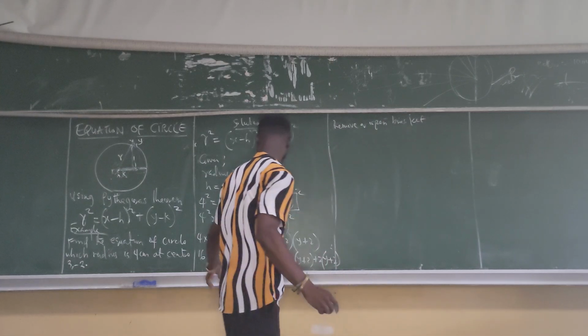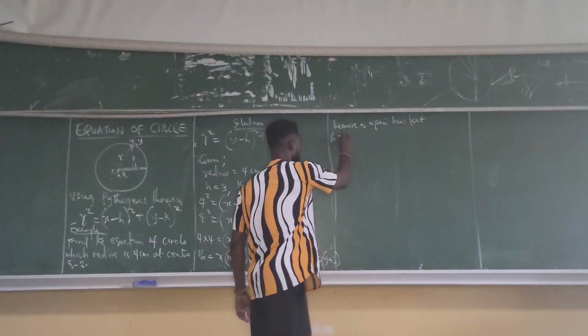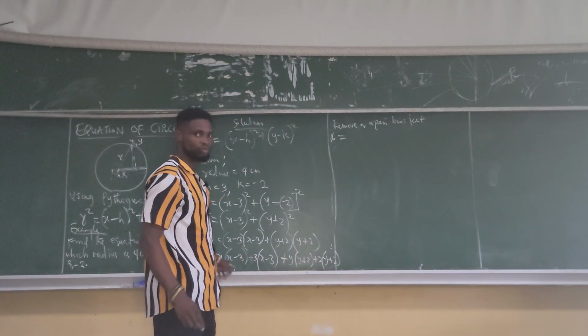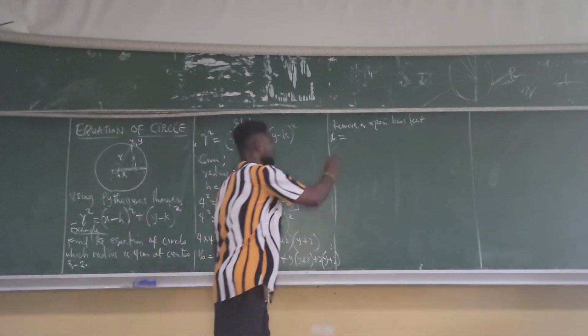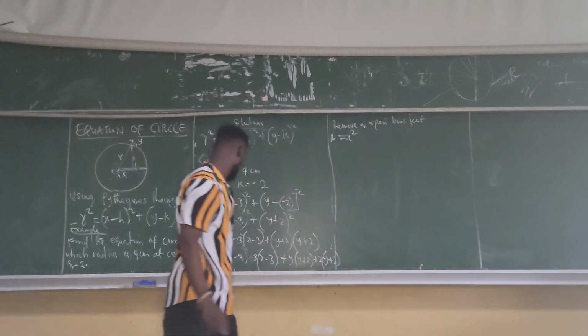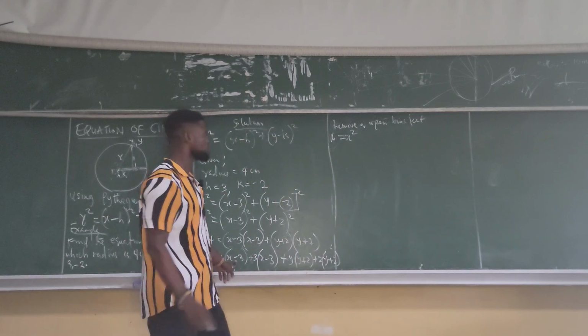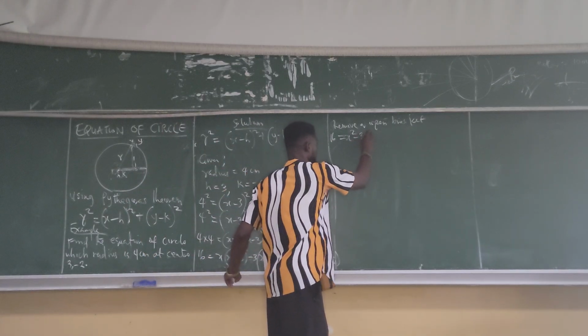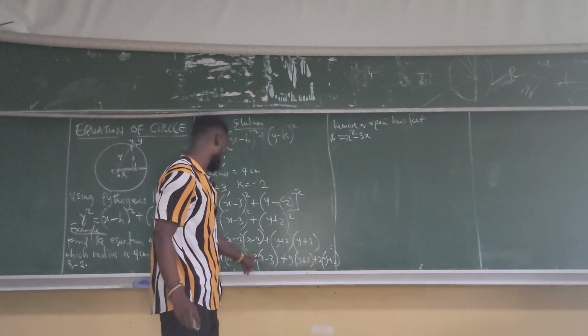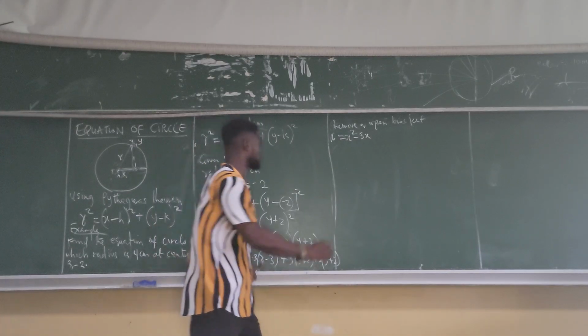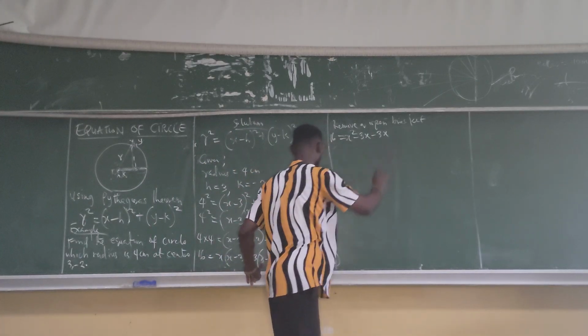We are going to have 16 equals x times x will give us x square. So we have x square. x times minus 3 will give us minus 3x. Minus 3 times x will give us minus 3x.